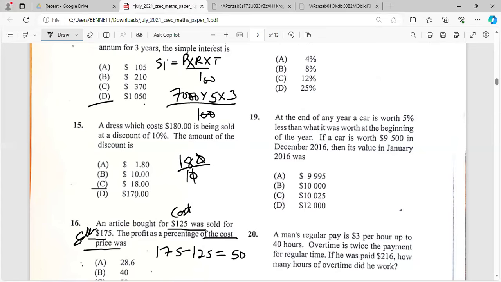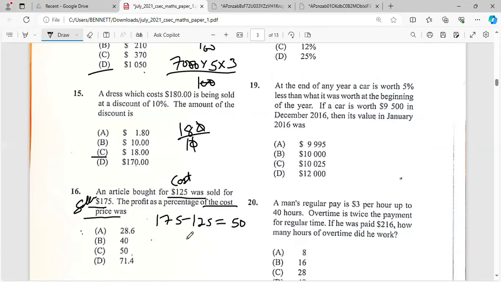So we have 50 over 125 times 100, and that will give you 40. We can use 25: 25 into 125 is 5 times, and 5 into 100 is 20. It couldn't be 50%, because that's a half.